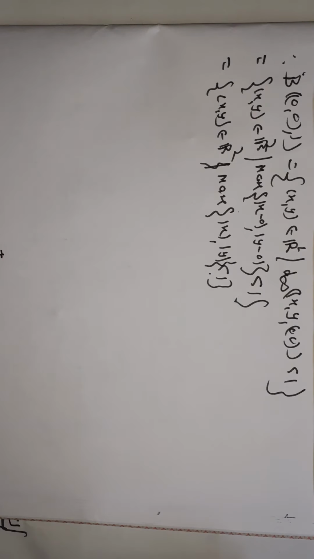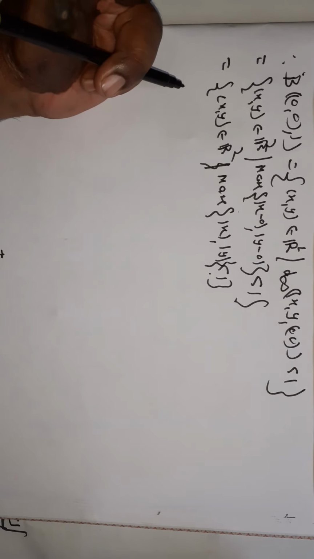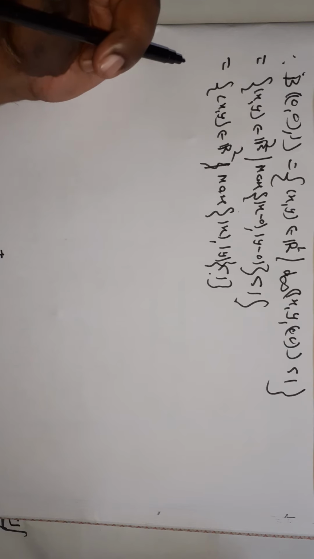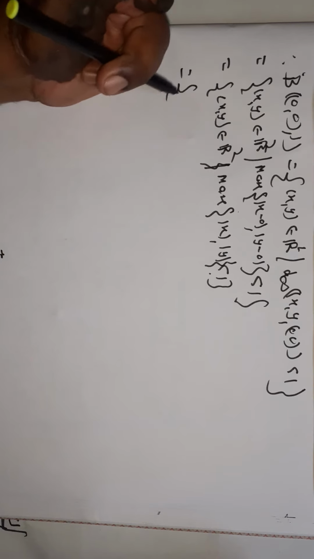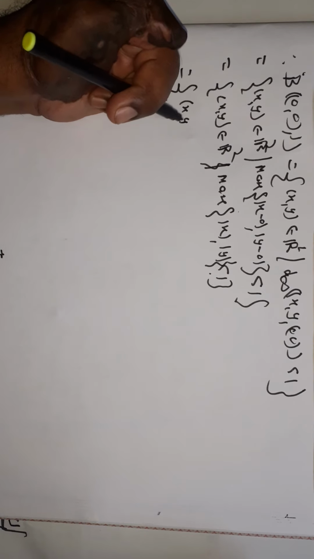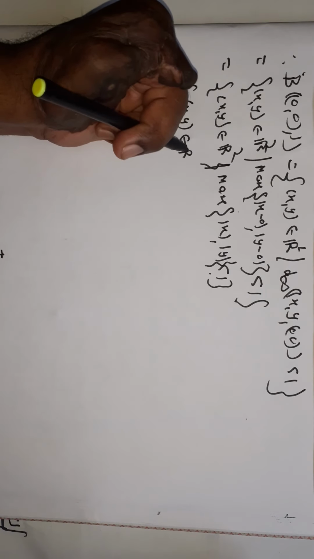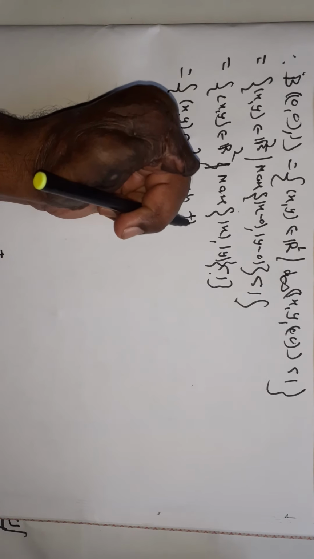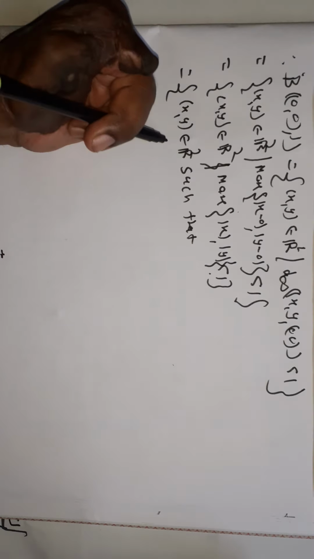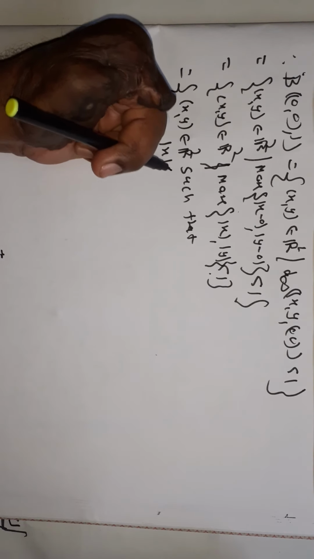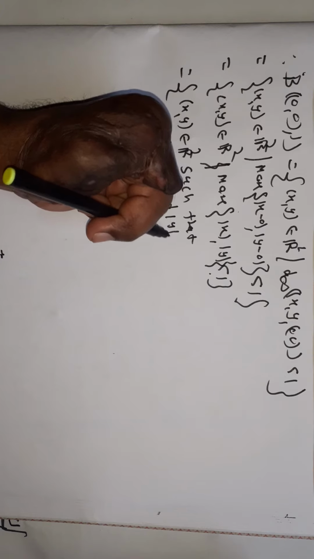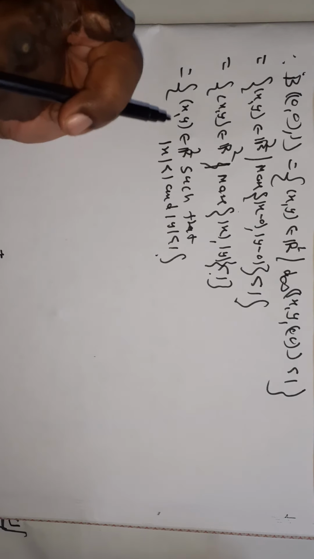Now, therefore, it is the set of x, y belonging to R2 such that mod of x is less than 1 and mod of y is less than 1.